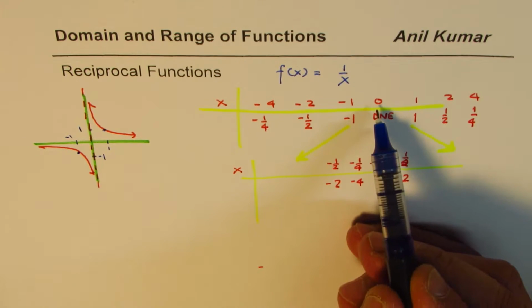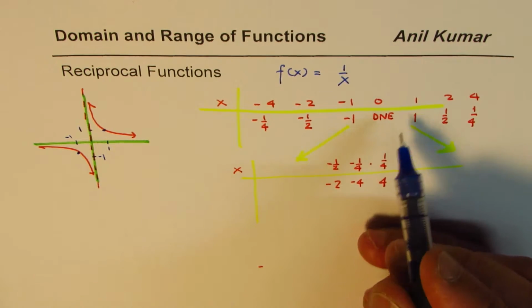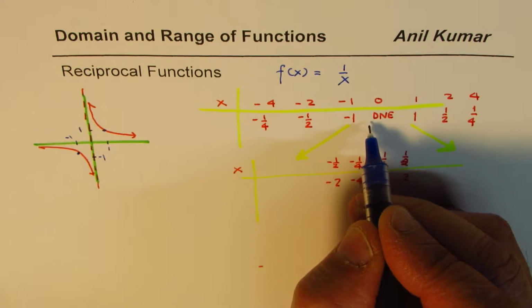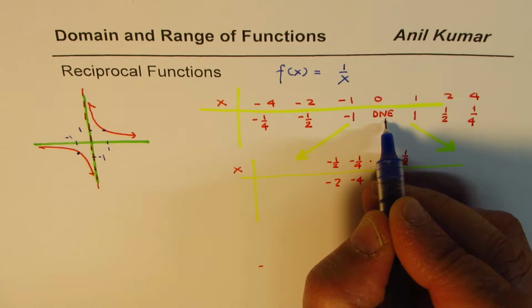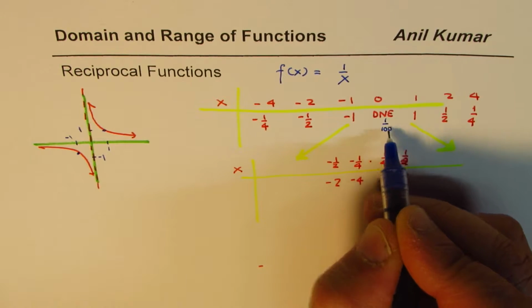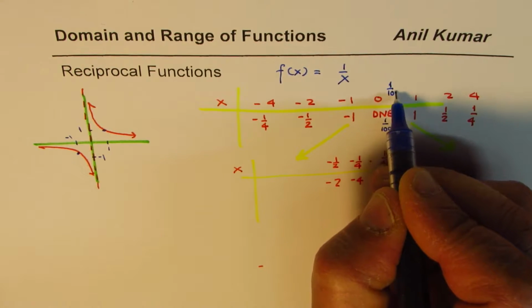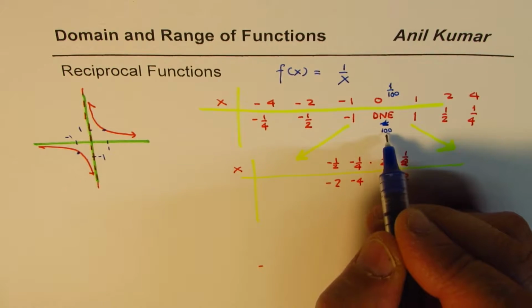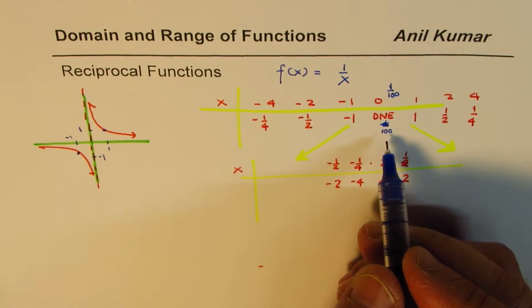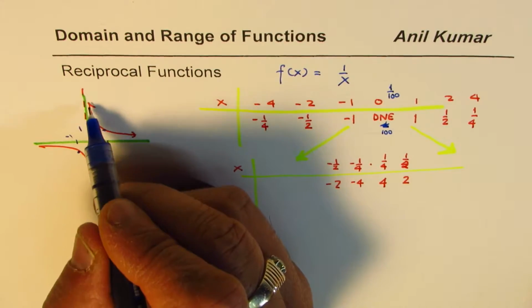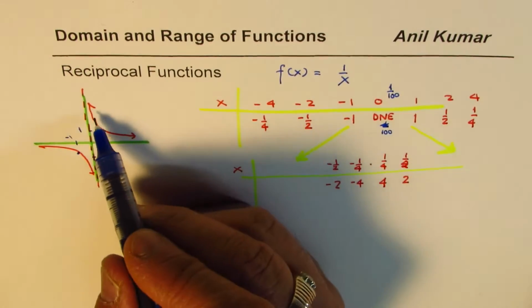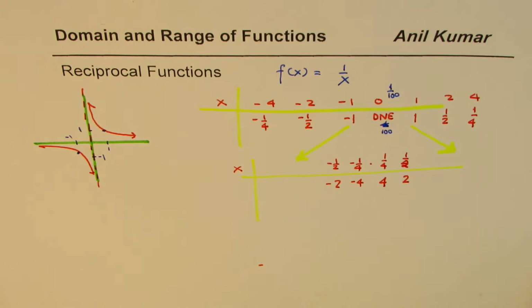If we go very close to 0, for example, if we take 1 over 100, then the reciprocal will be 100, a very, very high number. So we say it's approaching an infinitely large value. That is the concept of vertical asymptote.